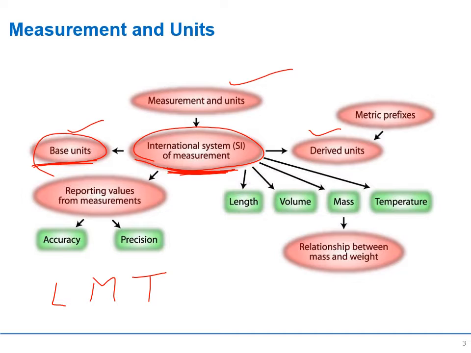They took these three quantities as base units and derived all the other units from them. For example, area is L squared, so we derive the unit for area using the length unit. So area is a derived unit. Similarly, volume is L cubed, so volume is also a derived unit.